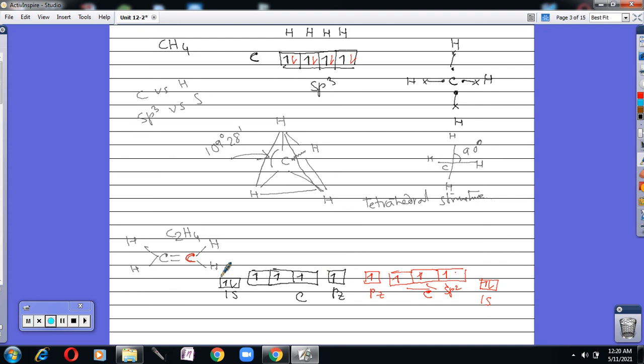Now this one is the black C carbon atom, and this one is the red C carbon atom, just like in a picture. The black C carbon atom has made a bond with two hydrogen atoms.